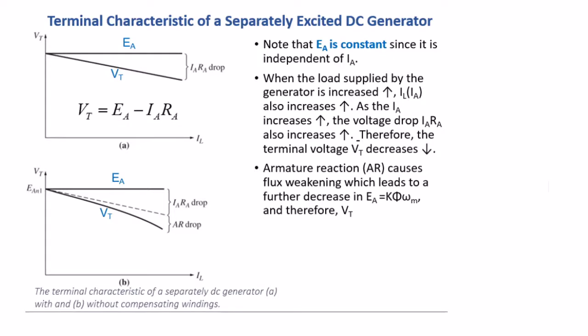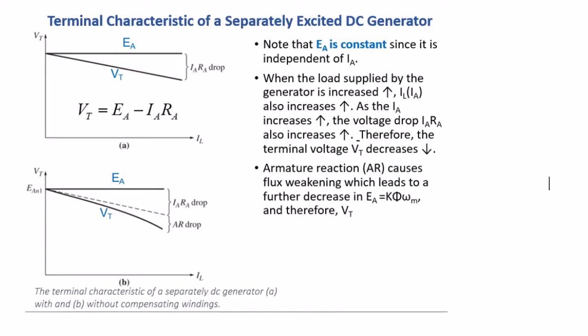Now we'd like to see the terminal characteristics of this type of DC generator. Remember when we talked about terminal characteristics for DC motors, it was a plot of torque against speed, because the output of motors is mechanical.